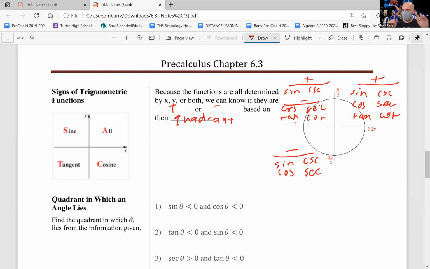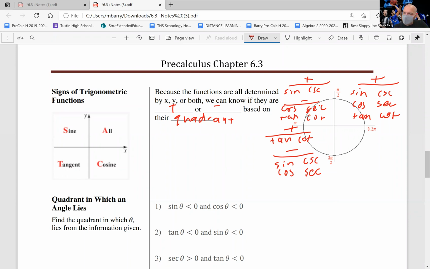However, what's a negative divided by a negative? Well, that's a positive last time I checked, correct? So tan and cotan are actually going to be positive in the third quadrant because they are a negative divided by a negative, okay? That's the one redeeming thing about quadrant 3, I guess you could say, is that tan and cotan do come out positive.